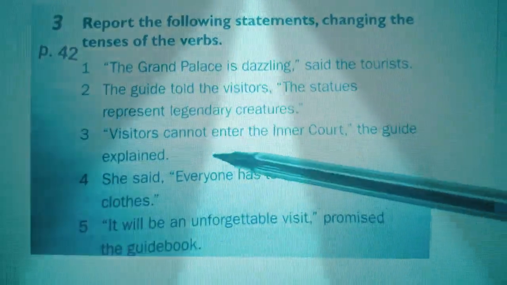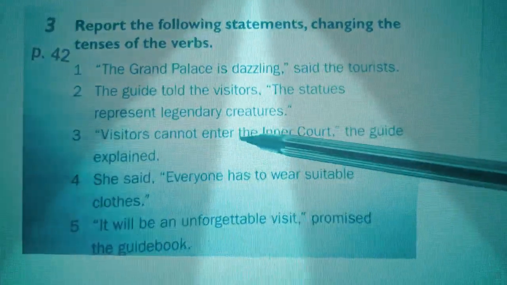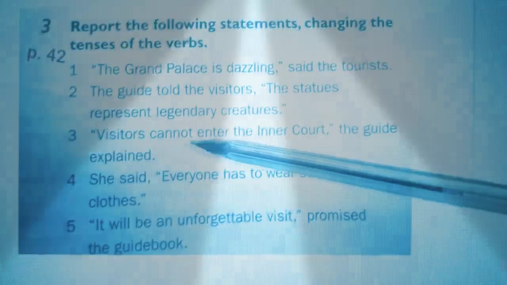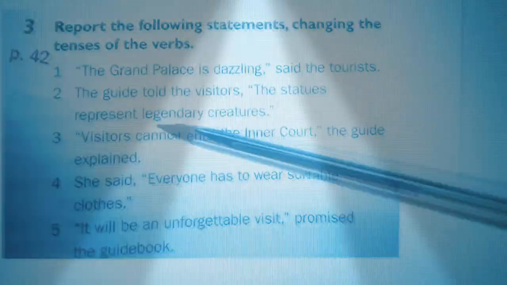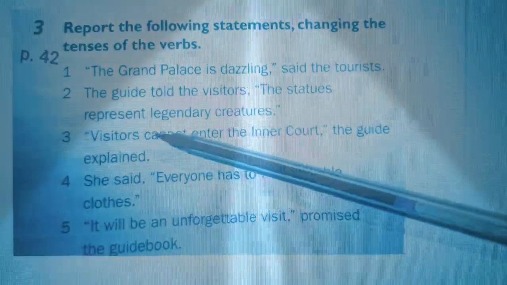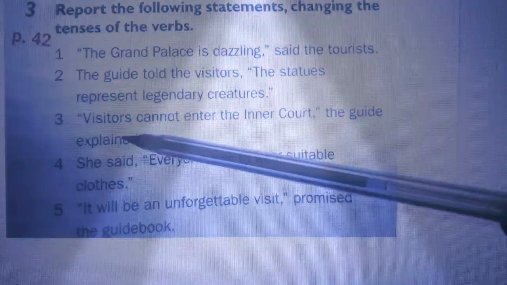Okay. Number 3. Visitors cannot enter the inner court. This is the modal verb, cannot, and verb 1. The change is going to be here in this modal, cannot, okay, can. The guide explained. This is a reporting verb.